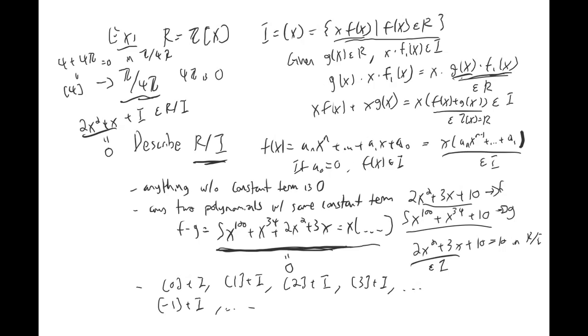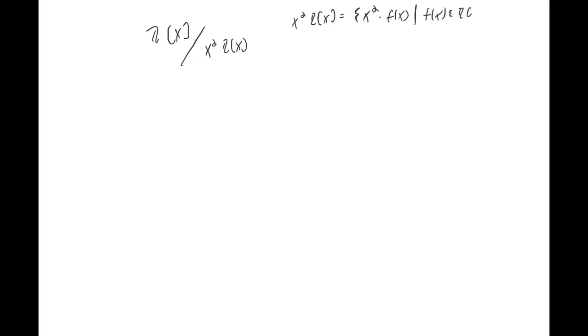So, another example would be, let's practice with x squared. Let's do the same thing, but take the ideal generated by x squared in Z[x]. This is again the set of x squared times f(x), such that f(x) is in Z[x].